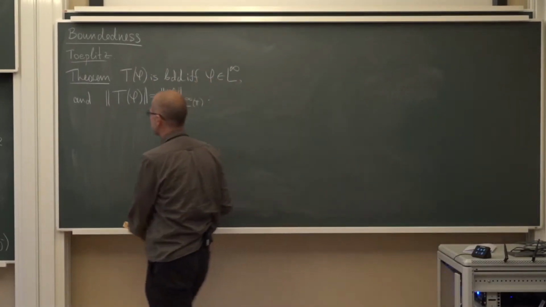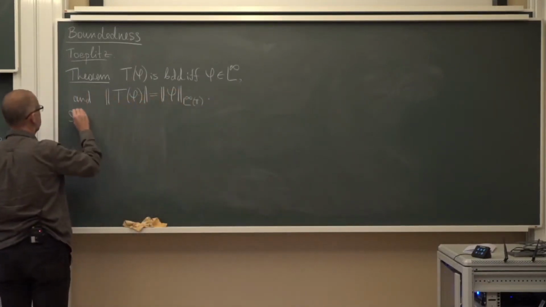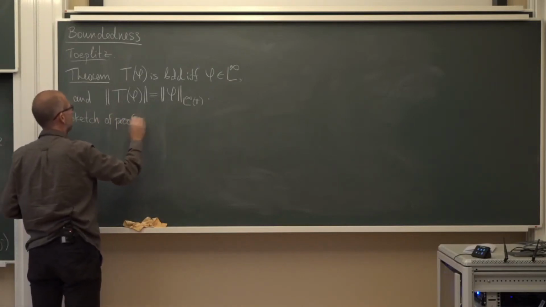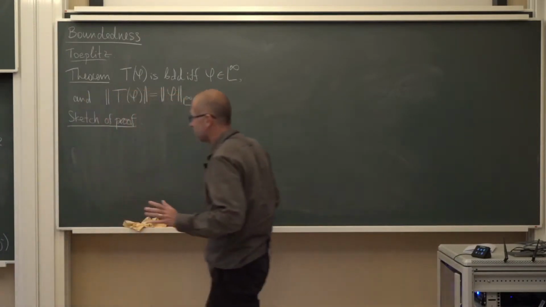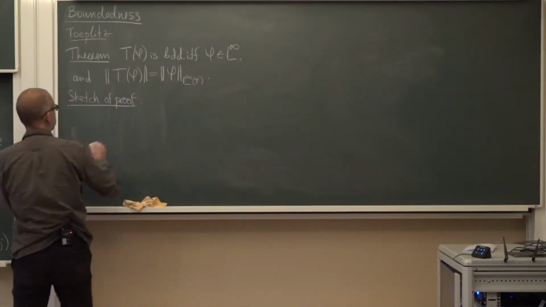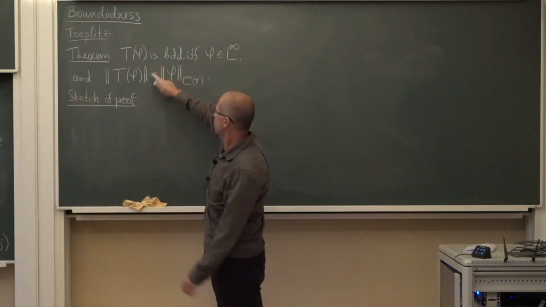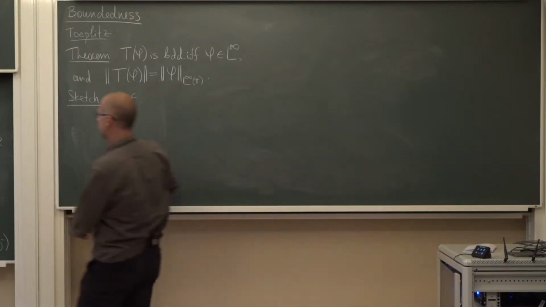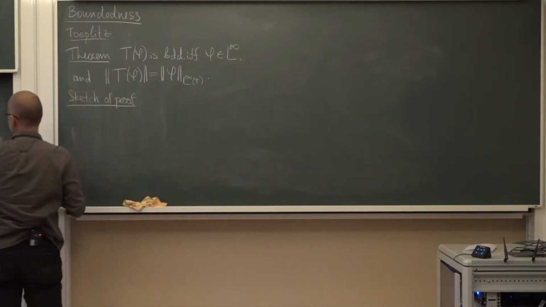So let me give a sketch of proof, or the idea of proof. In one direction, this is entirely obvious. In the estimate, in the upper bound here, as usual, we split this into two bounds. For the upper bound, there's nothing to do. We just look at the definition.